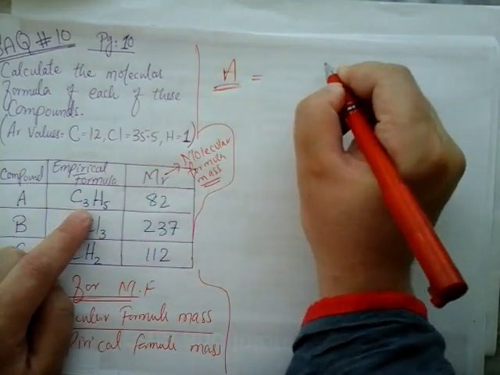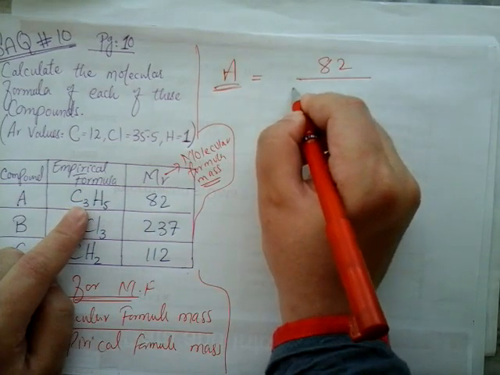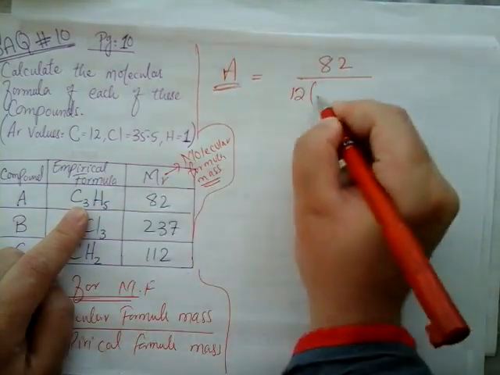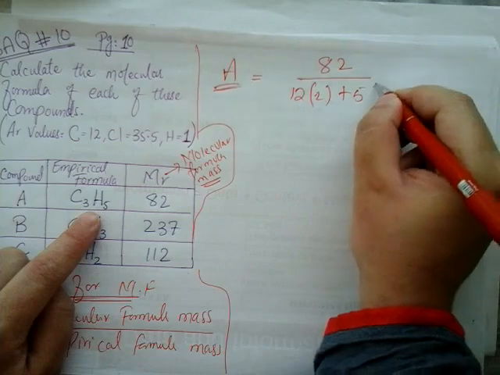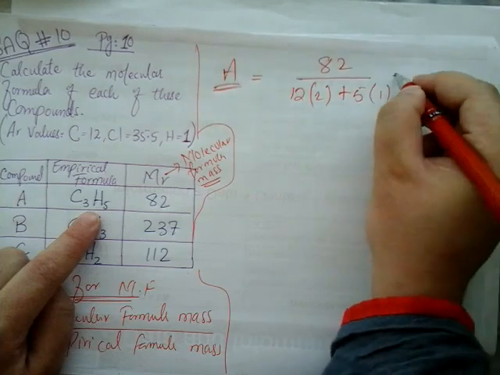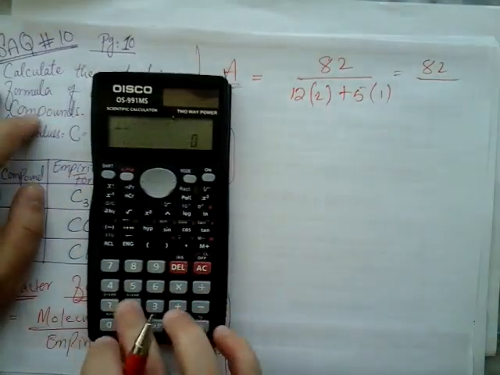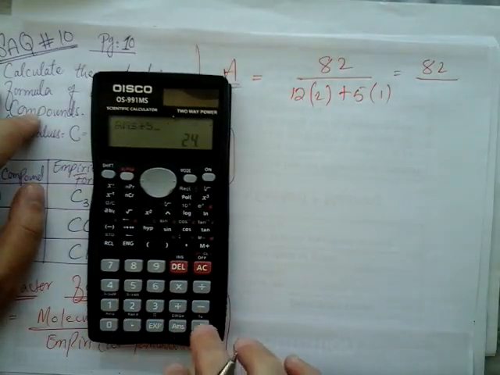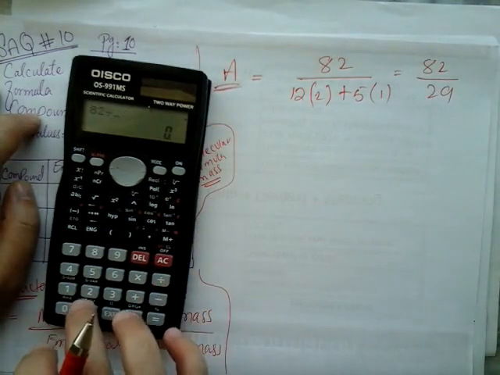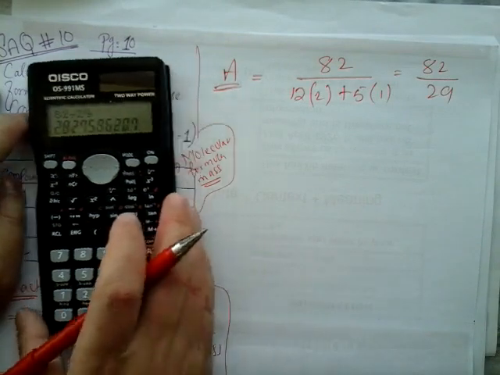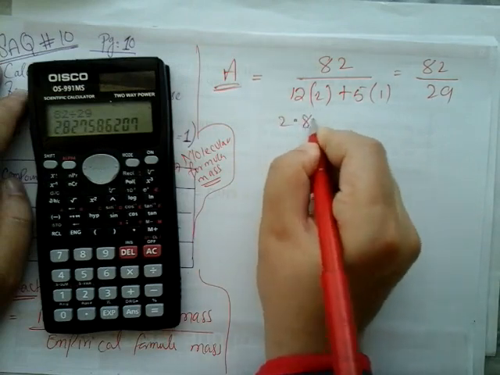There are 3 atoms of carbon, so the mass of carbon is 12 times 3, plus 5 atoms of hydrogen, with the mass of hydrogen being 1. So the n factor would be 82 divided by 12 multiplied by 2 plus 5, 29. So 82 divided by 29 is equal to 2.87. So here the n factor is 2.87.